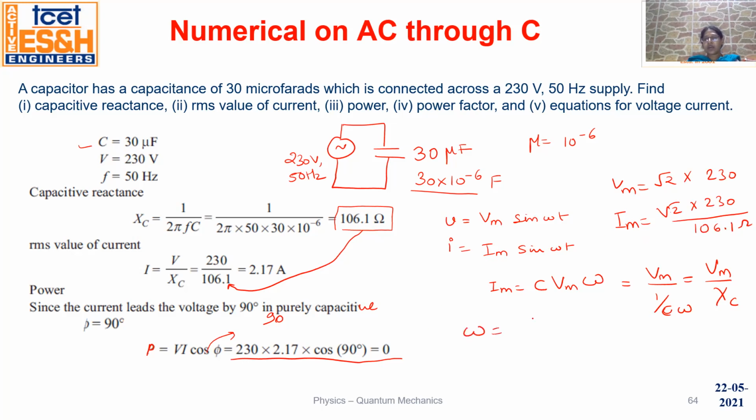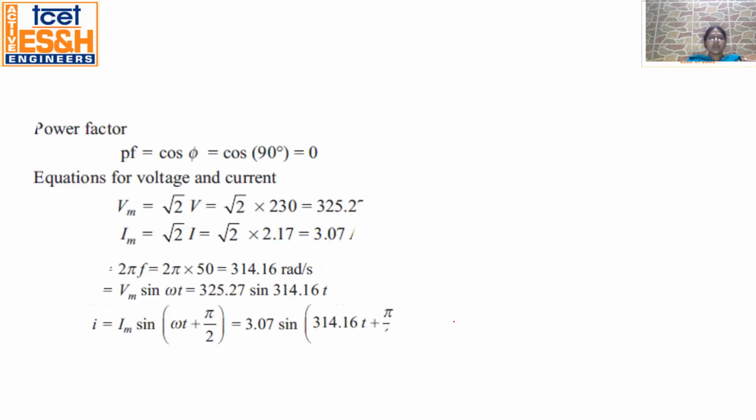Now what is omega? Omega is 2 pi f. So 2 pi multiplied by 50 gives you 314. So all this Vm, Im and omega you have to put in the equation. See, the value of Vm is 325.27, whereas Im is 3.07 and the value of omega is 314.